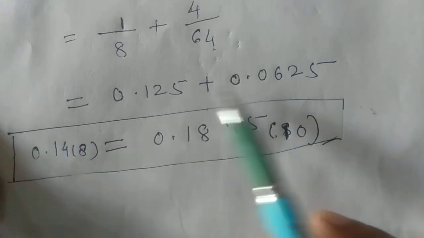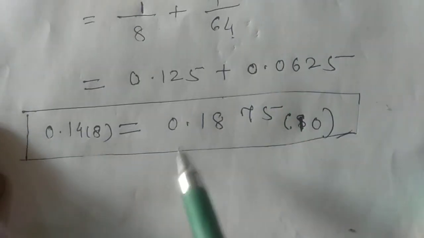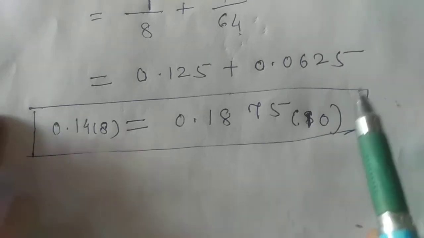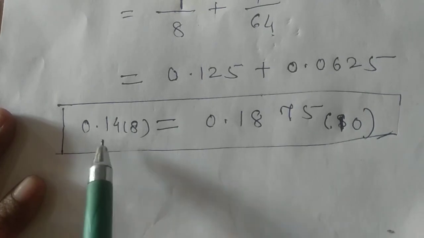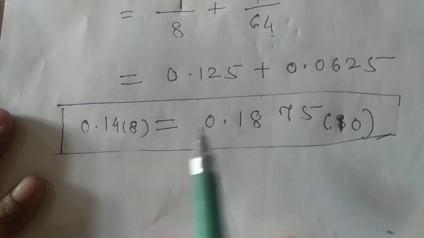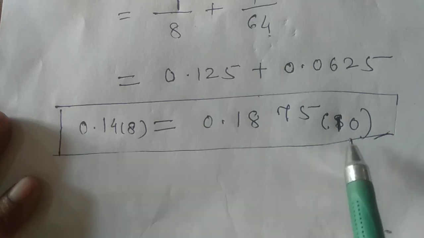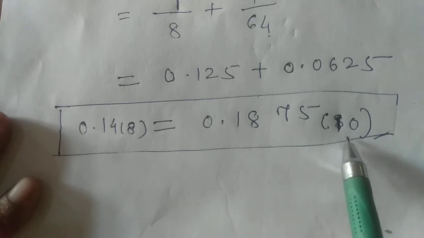I have added them directly using the calculator and I have got 0.1875, and the base we have obtained is 10. Now write the answer as 0.14 base 8 is equal to 0.1875 base 10. We have obtained this number in terms of decimal. So this is the conversion from fractional octal to decimal.